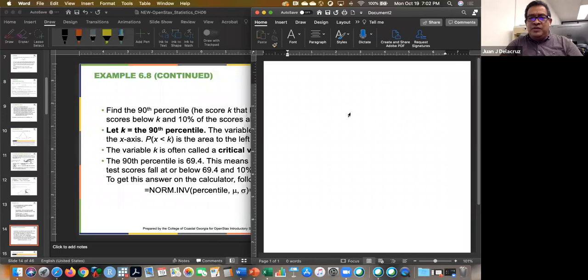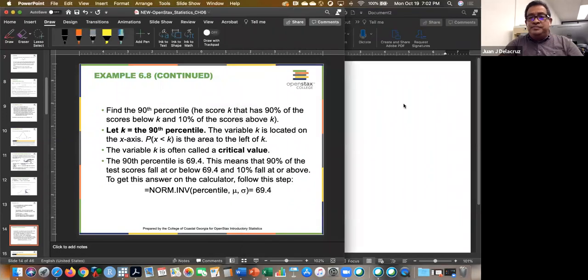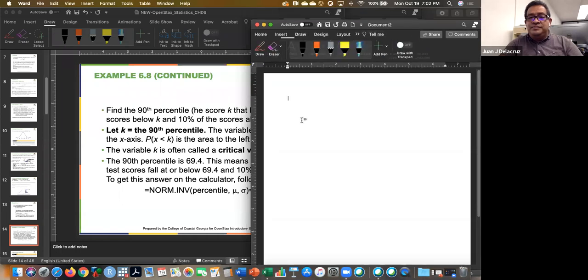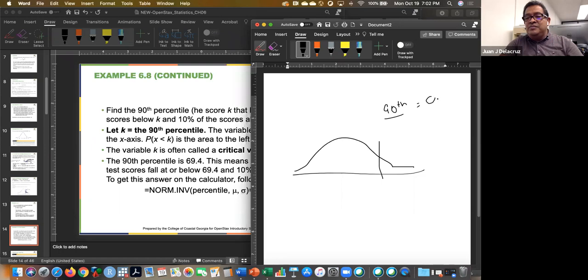So we have the following. We have the normal distribution, the standard normal distribution. So we have the 90th percentile, right? So the 90th percentile is almost like saying this area is 0.9000.